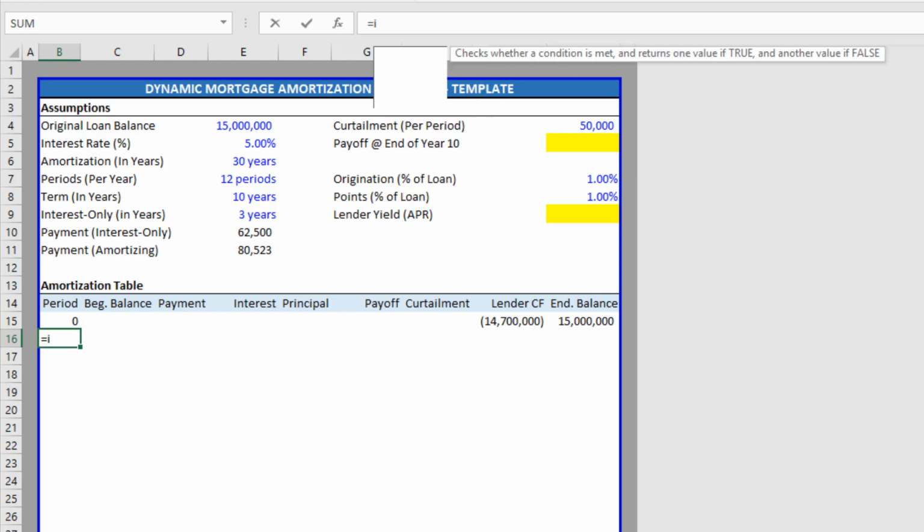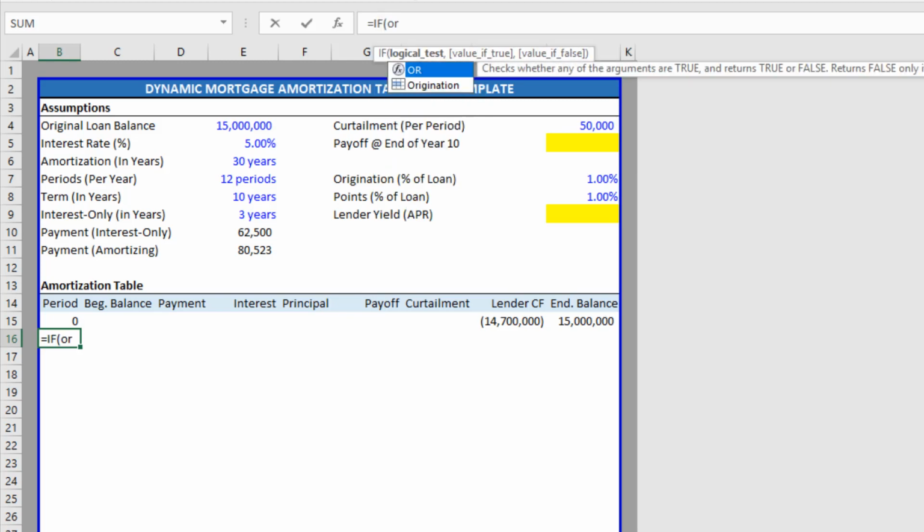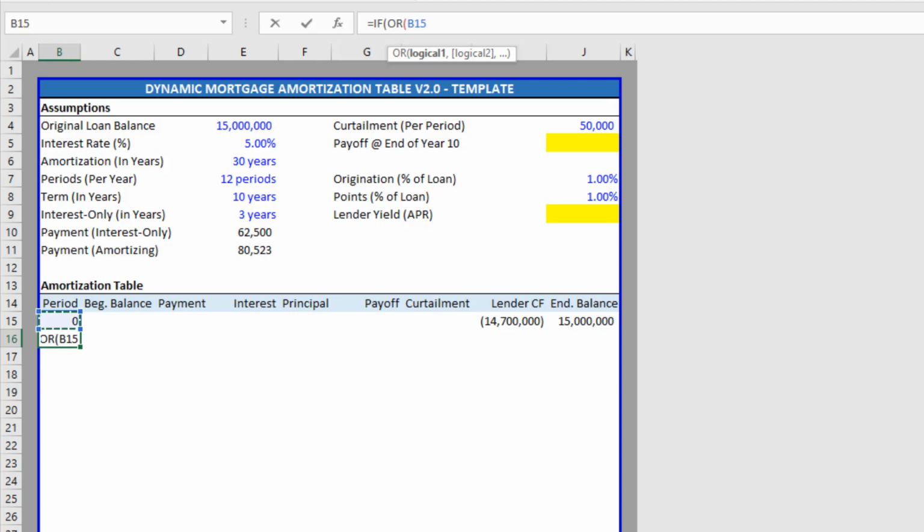So I go equals IF, or the cell immediately above this is blank, or if the cell immediately above this is equal to the loan maturity date, which is the term multiplied by period, or, actually, no, I'm sorry, if J15 here, if the ending balance of the previous period is equal to zero, meaning the loan had just been paid off.